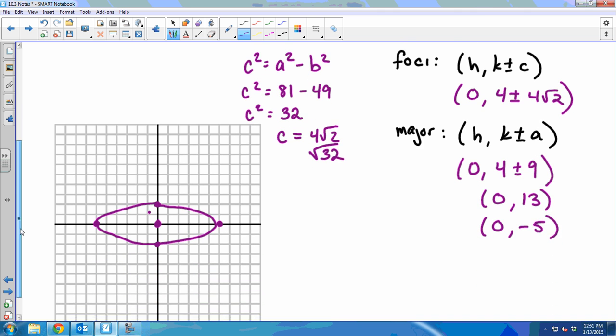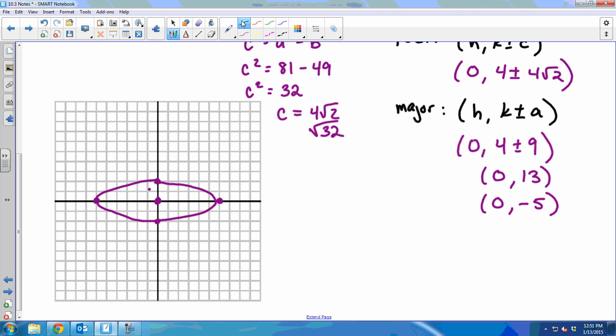Then the minor axis, again, whatever you just added to, h or k, you do the opposite for the minor axis, and you add and subtract b. Since we were just adding and subtracting to a, we're going to add and subtract to h.